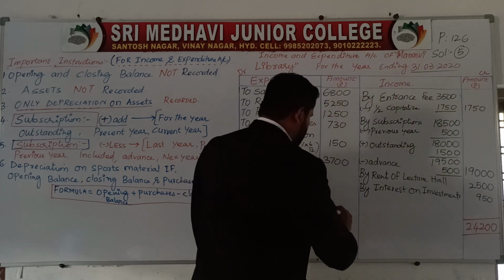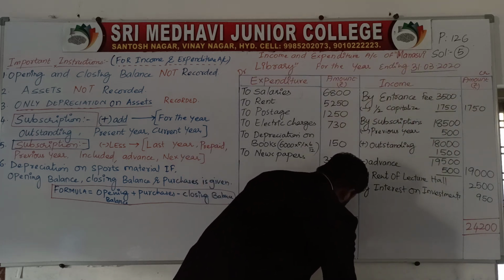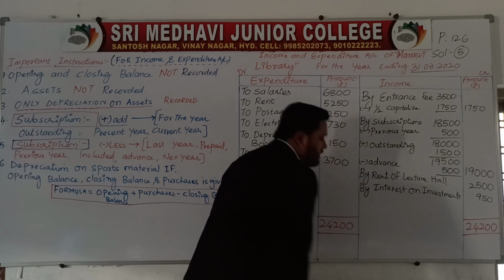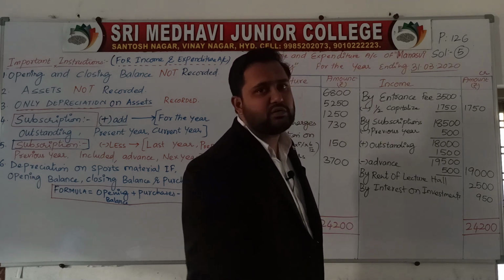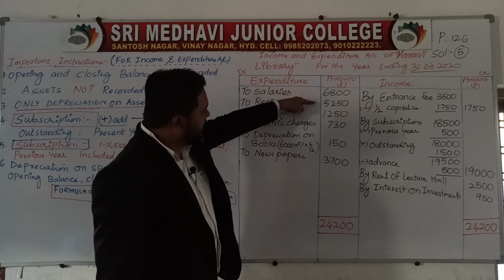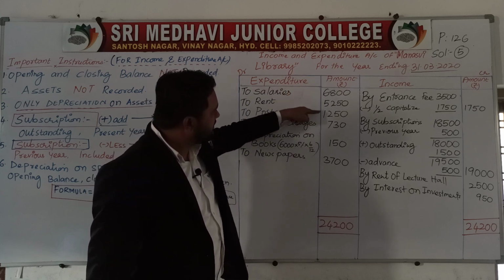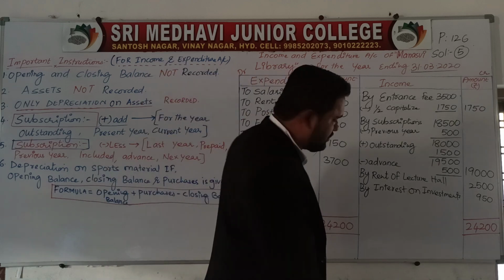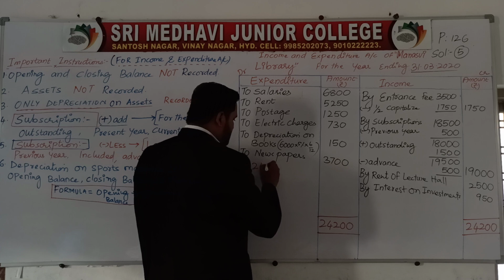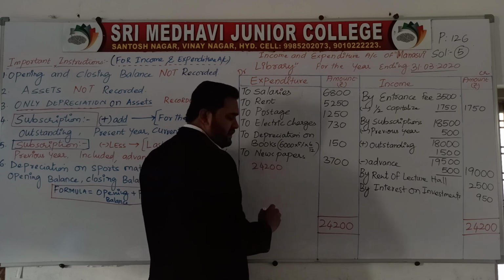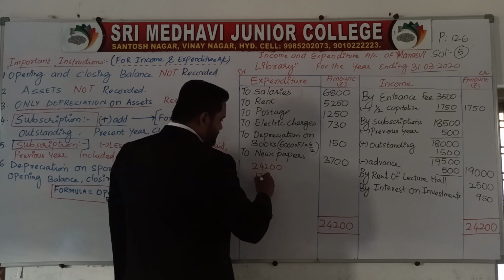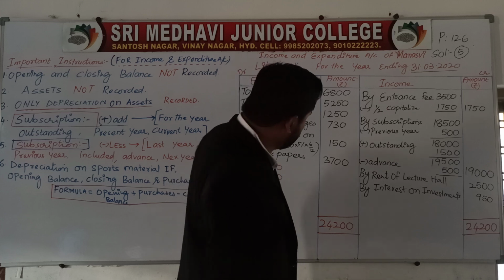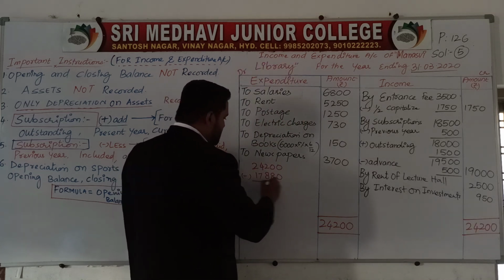On the debit side, the value is 17,880. So income is 24,200, expenditure is 17,880. If you subtract, you will come to know that the surplus is 6,320.